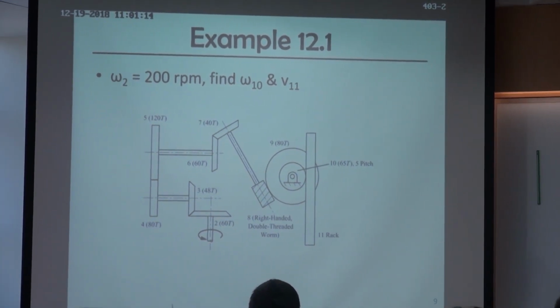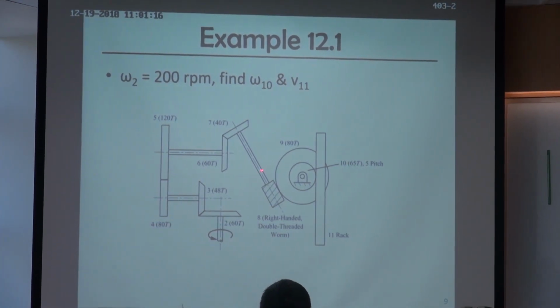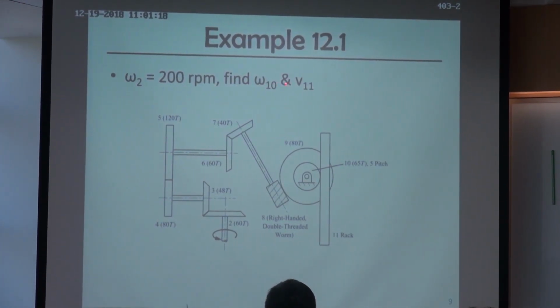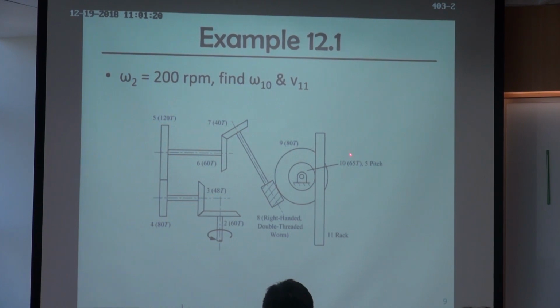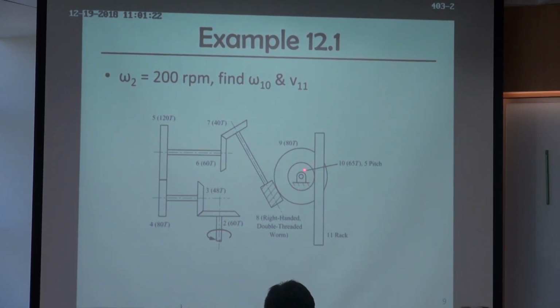We are trying to find omega 10. Omega 10 is here, and V11 is the linear velocity of this one. This one we haven't introduced; it is called a rack. So it's a gear rack. The rack basically looks like this.